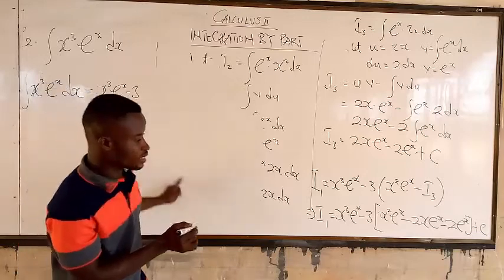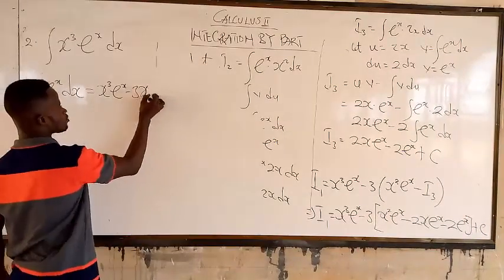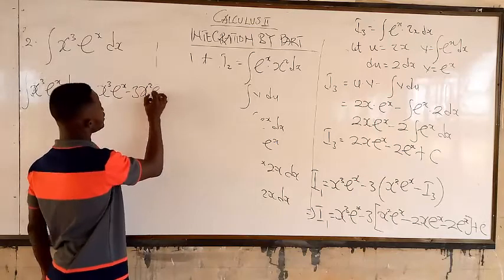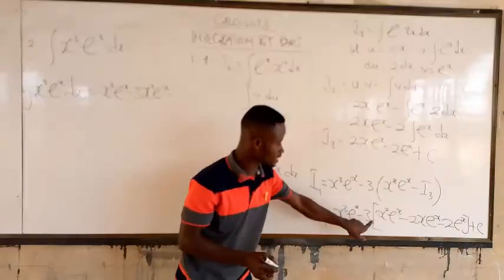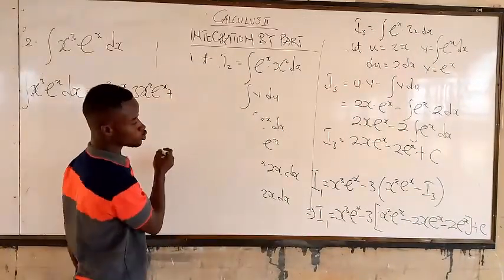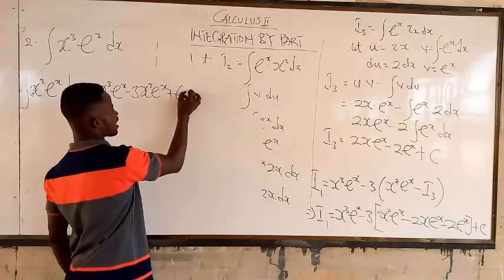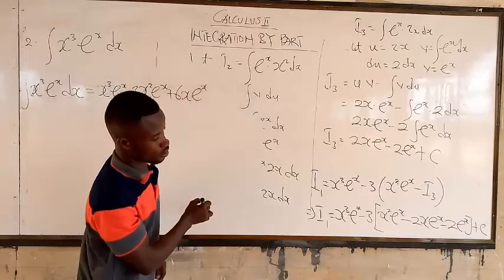Then the 3 is affecting the whole of the inside. So the 3 will multiply s squared e raised to the power s minus. Don't forget that this negative 2 affects this. So here will be positive. So 2, 3, 6. So 6s e raised to the power s.